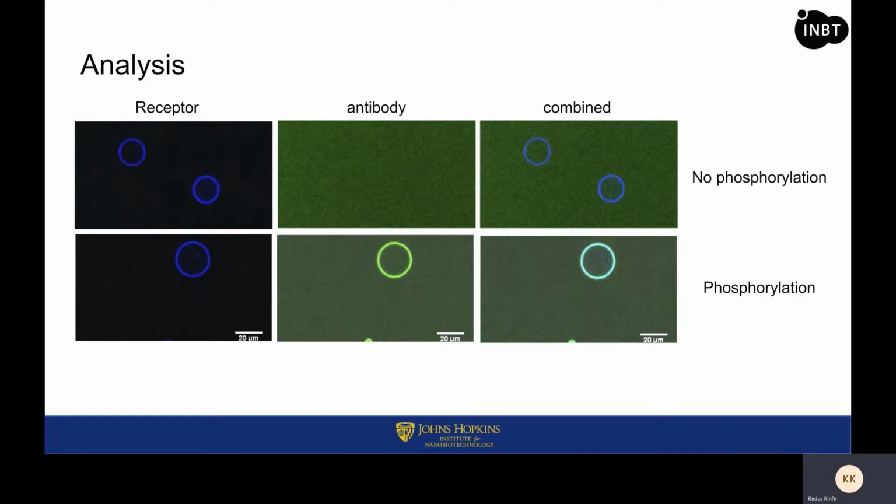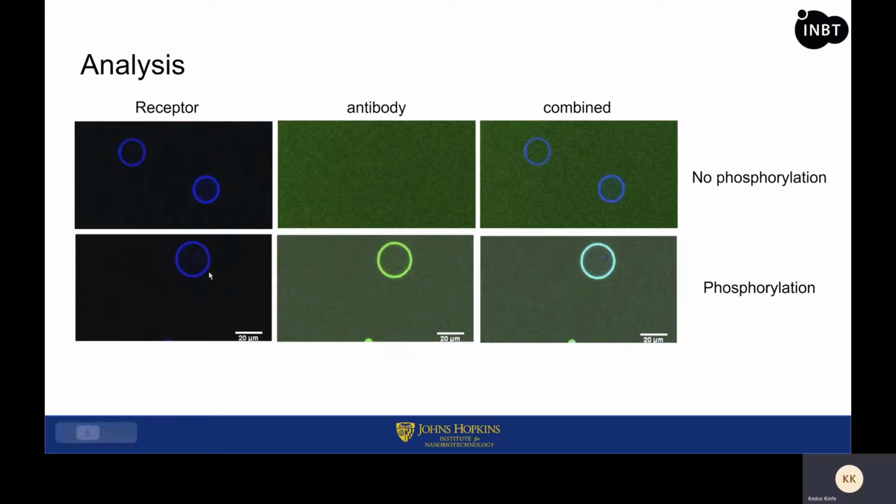All right, so now for some qualitative examples of how this all would look under the microscope. So at the top, we have an example of no phosphorylation, and at the bottom, we have an example of phosphorylation. So actually, let's start at the bottom. So the bottom left image, we are just looking for the receptor.